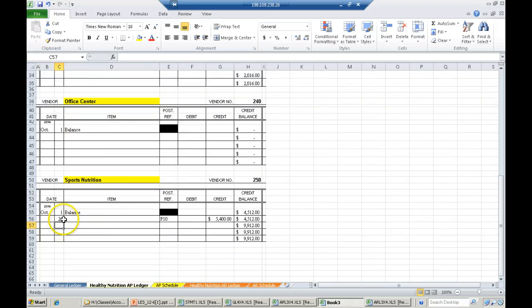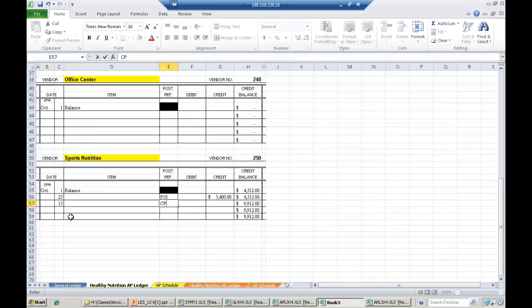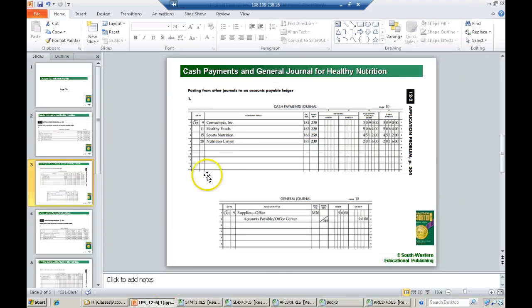Sports Nutrition on the 15th, CP10. Payment amount of $45.12, so we're going to debit that. Now we owe them $5,400.